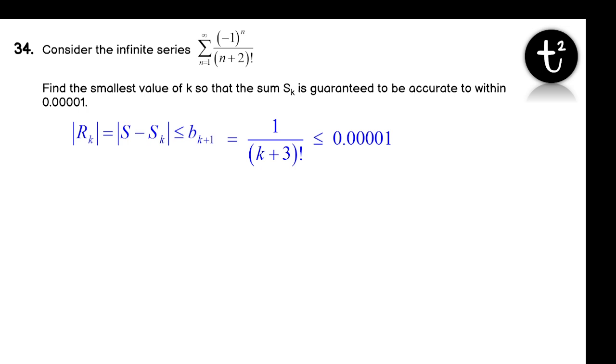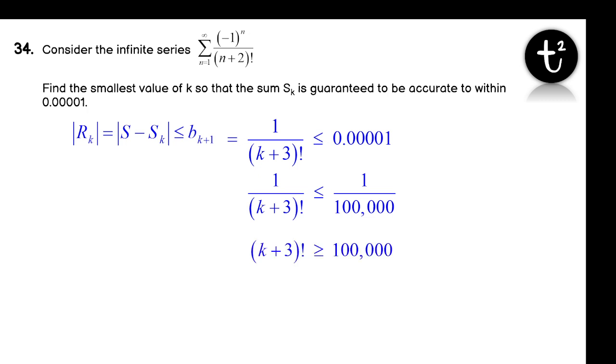Again, if we just substitute k plus 1 in for n, we're going to get 1 over k plus 3 factorial, and this is going to be less than 0.00001. I'm going to turn that decimal into a fraction because since I now have a fraction on both sides of this inequality, we can essentially flip both sides. Just remember that when you flip or reciprocate over an inequality, the inequality sign will also flip.